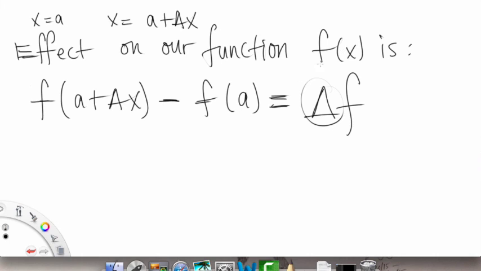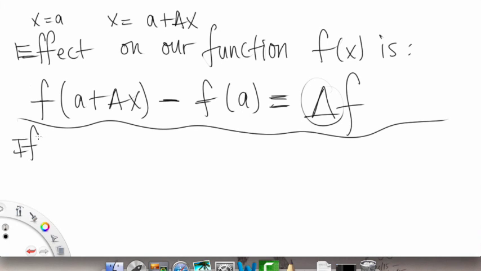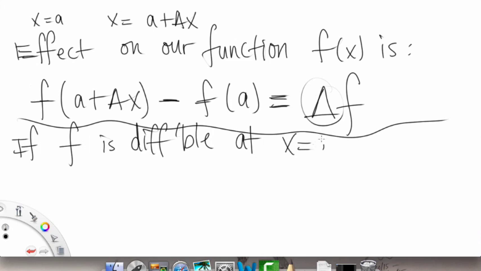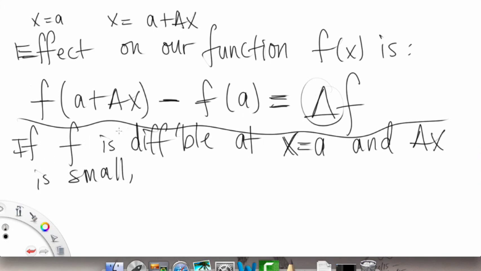All right. So here's something kind of new. If our function is differentiable at x equals a, so it has to be differentiable at this point, and our delta x is small, then we can say that f of a plus delta x minus f of a is equal to our change in f.